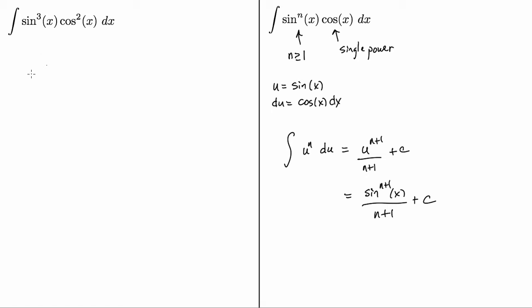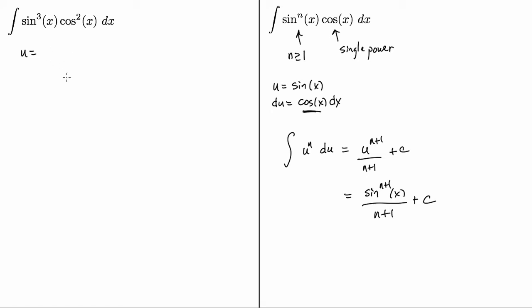So the integral on the left-hand side, as is, we can't do this. If you tried to let u be sine or cosine, then you don't have a single power like you do here. So here our derivative was just cosine. If you try to do that with u equals cosine squared, for example, or if u was just sine, say let's try u equal to sine.